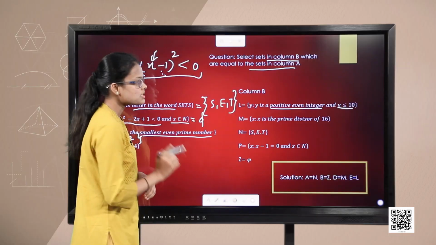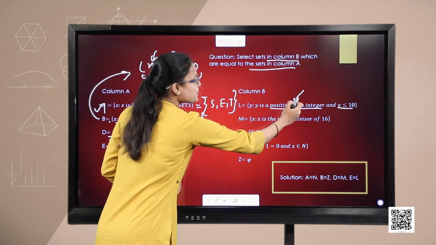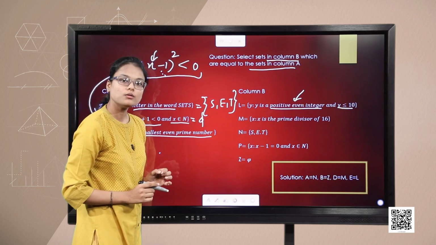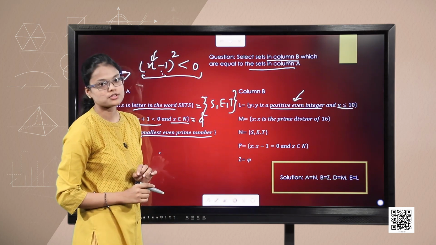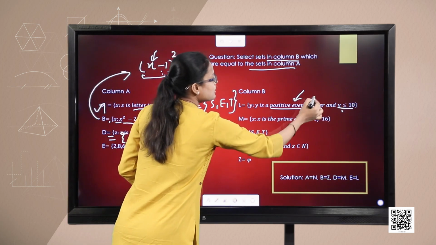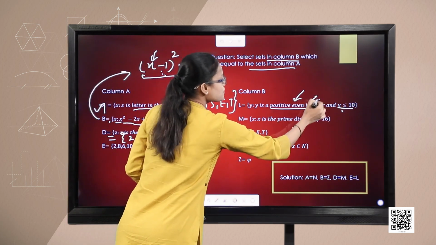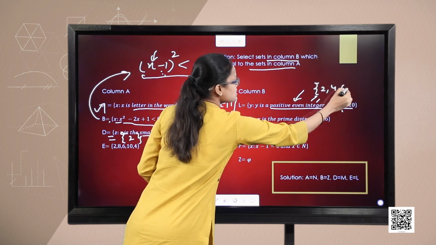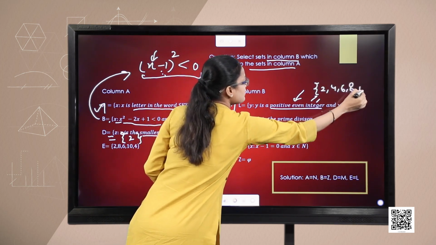Students, notice even and positive integers. That means we are talking about even natural numbers which are less than or equal to 10. So, let us list all the elements in it. We can see that it is 2, 4, 6, 8 and 10.